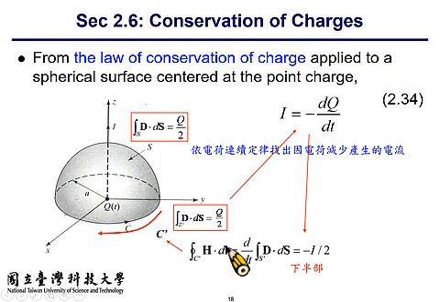Why? Because on the bottom half, to produce an outgoing flux direction that is passing out of the spherical surface, the contour direction should be determined in this way. The C prime direction happens to be the opposite of the C direction of the original contour.